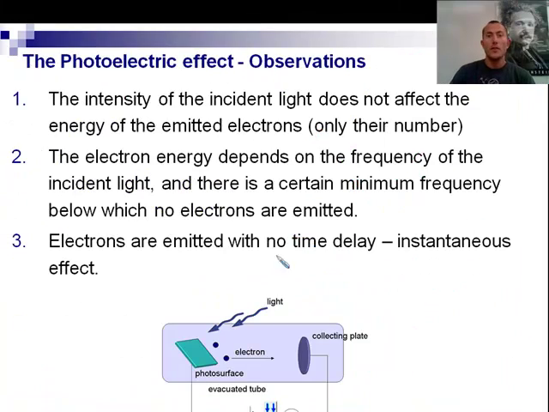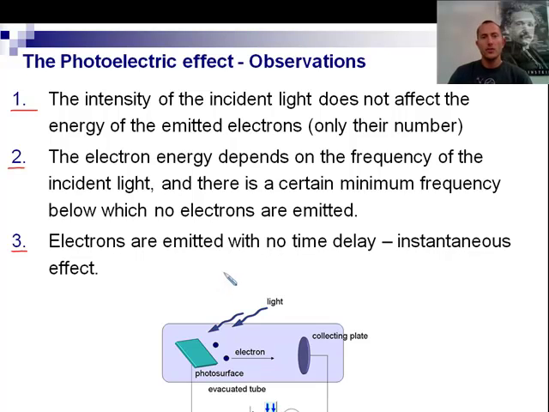So to summarize the observations of the photoelectric effect: the intensity of the incident light, and incident just means the light that's being shown upon it, does not affect the energy, only the number of emitted electrons. The energy of the electrons depends on the frequency, and there's a certain minimum frequency that has to be met. And the third thing, which is kind of assumed maybe but not directly stated until here, is that the electrons are emitted immediately.